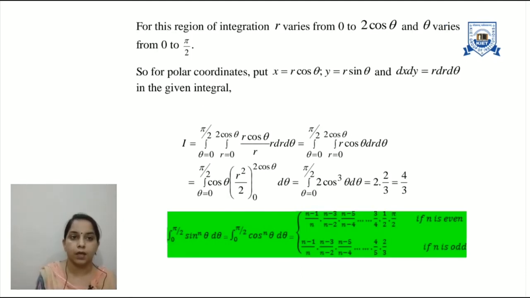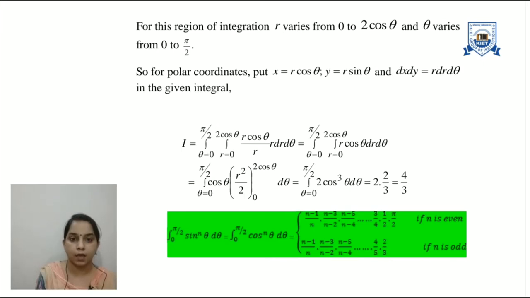So here the integration changes to double integration of r cos theta upon r, and dx dy changes to r dr d theta. The limit of r is 0 to 2 cos theta, and that of theta is 0 to pi by 2.